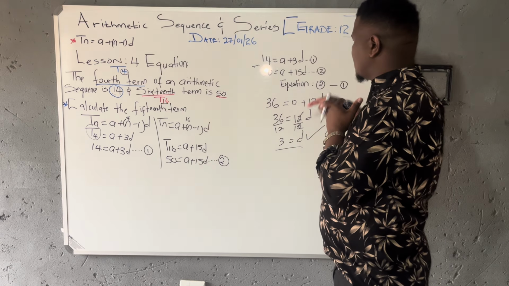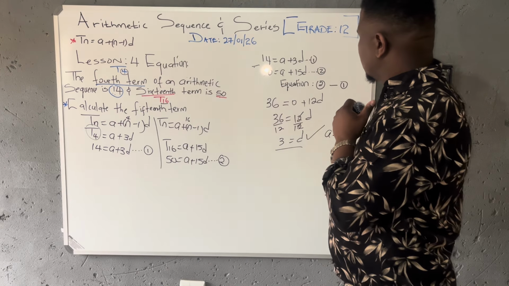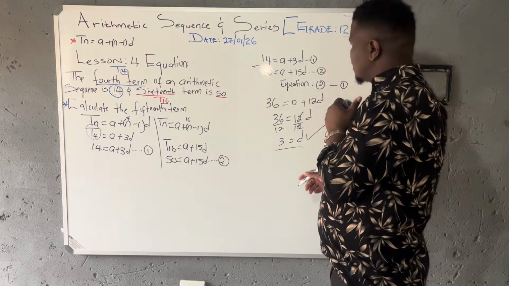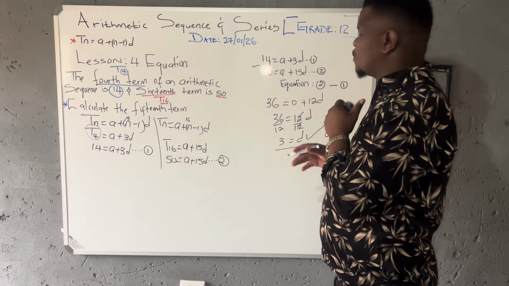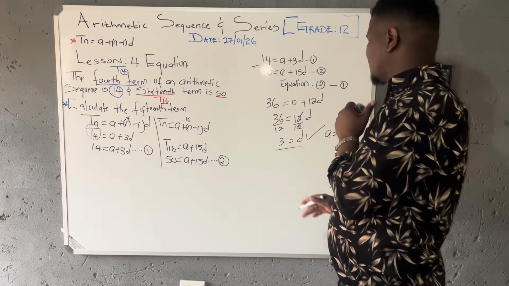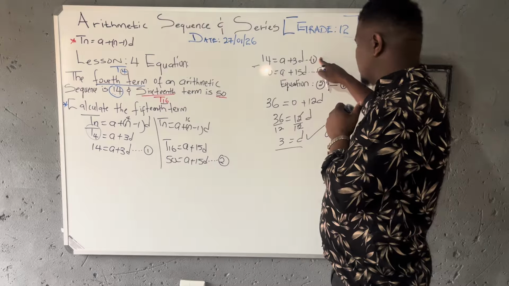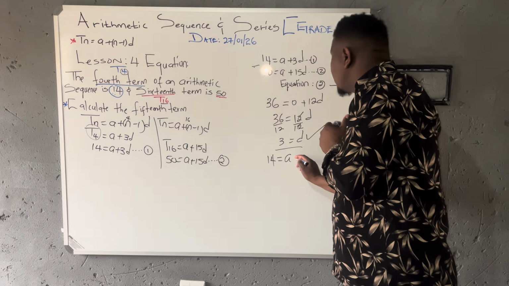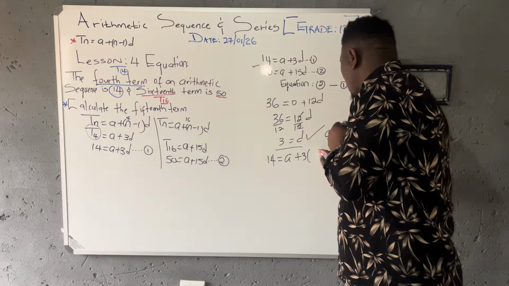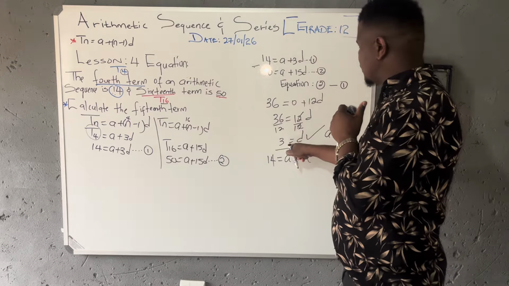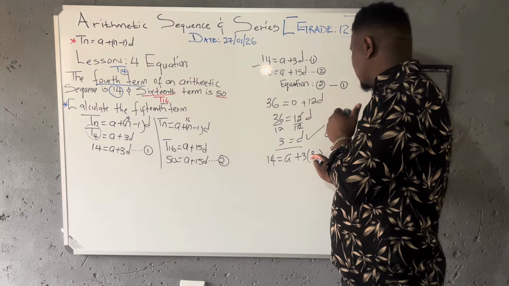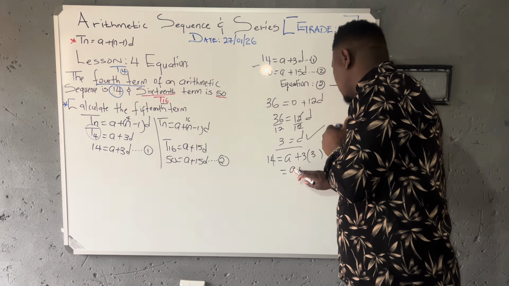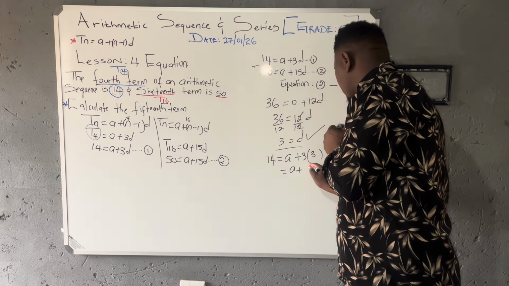I always prefer the easiest way. I can say equation 2 seems to be more complex than equation 1. Those who don't want to use calculators, avoiding big numbers and stuff, we can go for equation 1. That says 14 equals A plus 3D. Now, I know my D is 3, so I'm going to put 3 there. So we have A and 9.